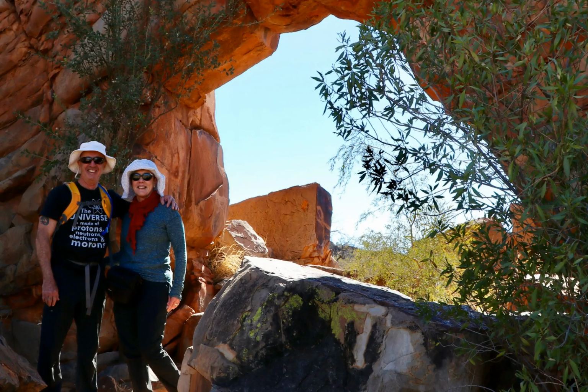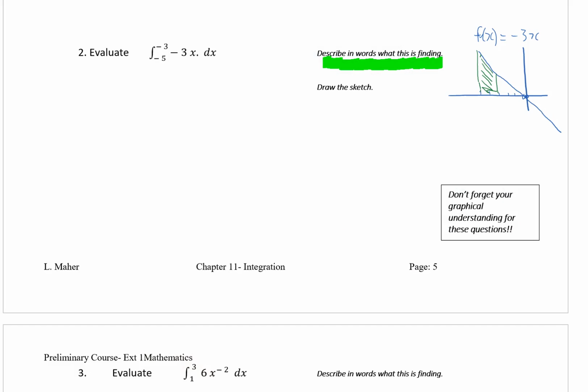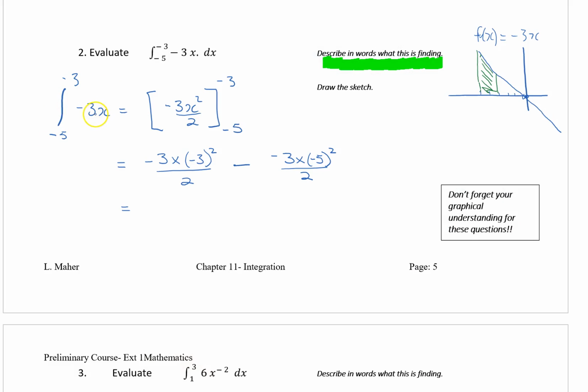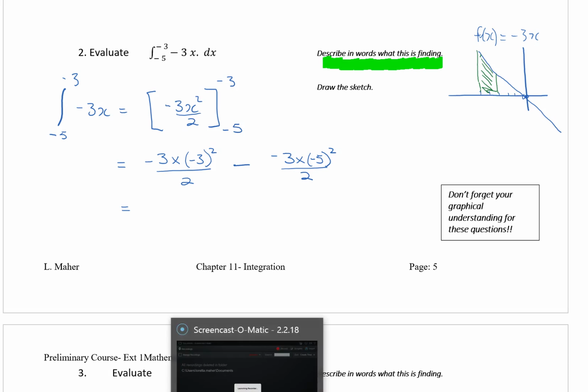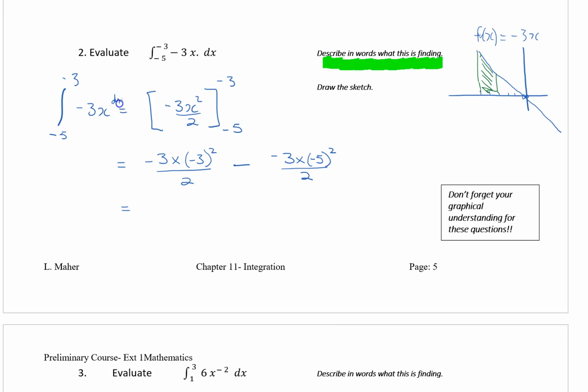So, I've written the question. This should have a dx in there. This function is in the format such that we can integrate, which is add 1 to the index, divide by the new index, and you can see I've done that. -3, add 1 to this index, becomes a 2, divide by the new index.